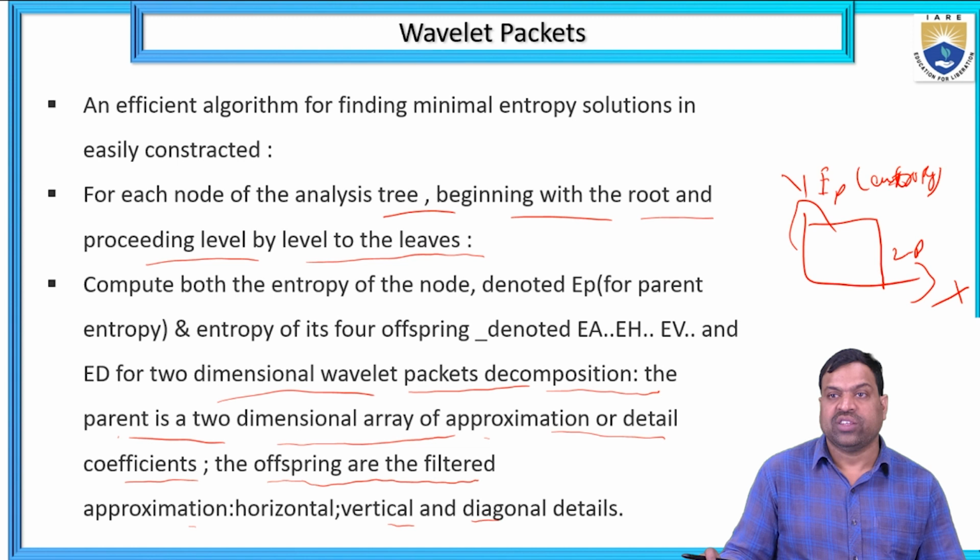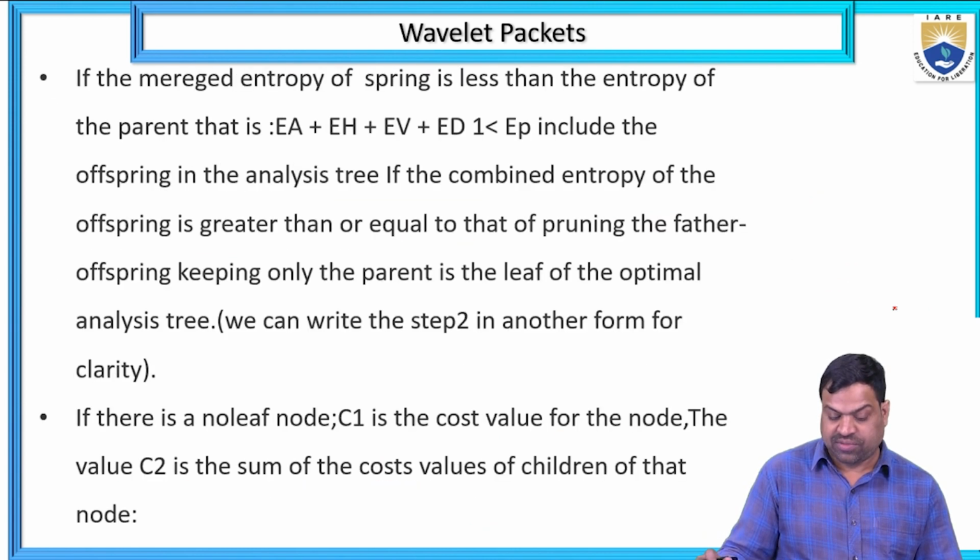Four types are there: EA, EH, EV and ED for the two-dimensional wavelet packets. It is a decomposition process. The parent is a two-dimensional array of approximation or detailed coefficients, and the offspring are the filtered approximation for horizontal, vertical and diagonal.